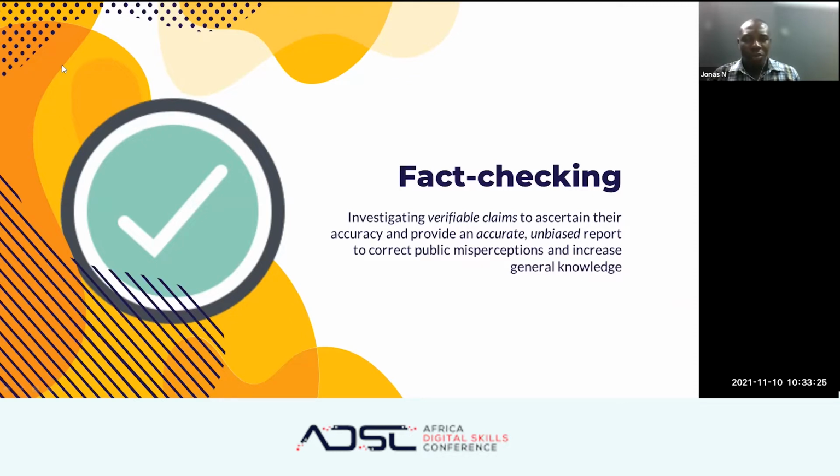There are a few highlights. One is the fact that fact checkers are investigating verifiable claims. And I'm saying verifiable claims because sometimes, because of the word fact checking, people presume that everything can be fact checked. But sorry to disappoint us, not everything can be fact checked.